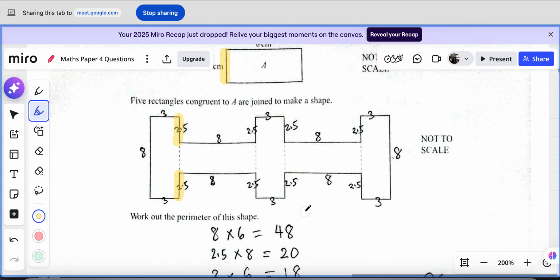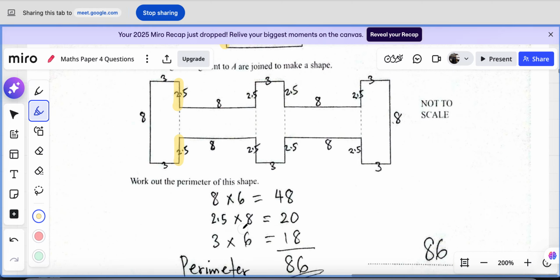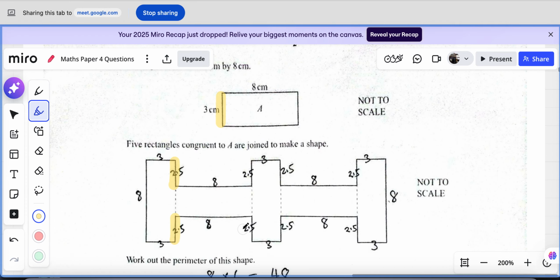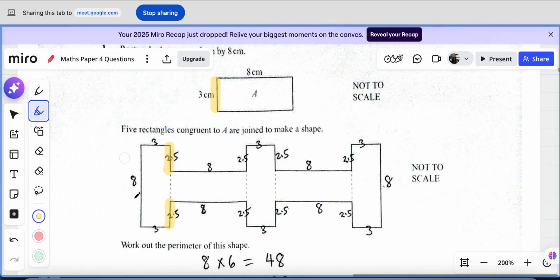Work out the perimeter of each side. We can start with the one with 8 centimeters. How many 8 centimeters are there? 1, 2, 3, 4, 5, 6.